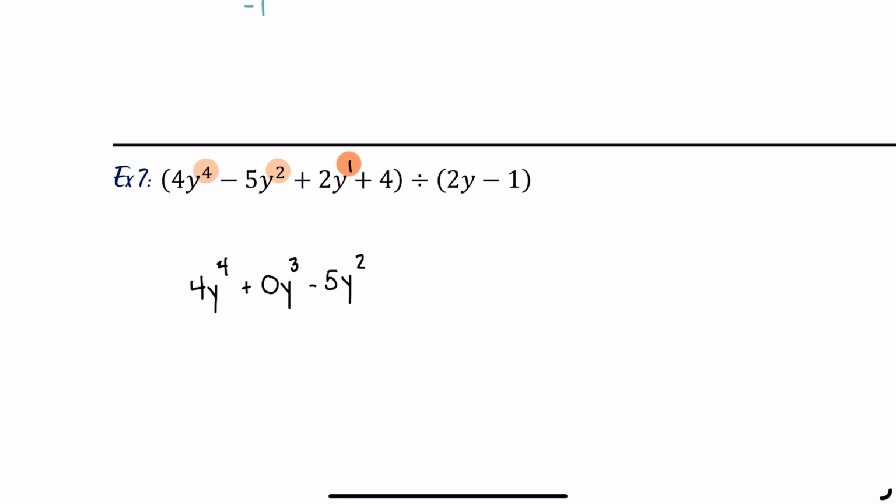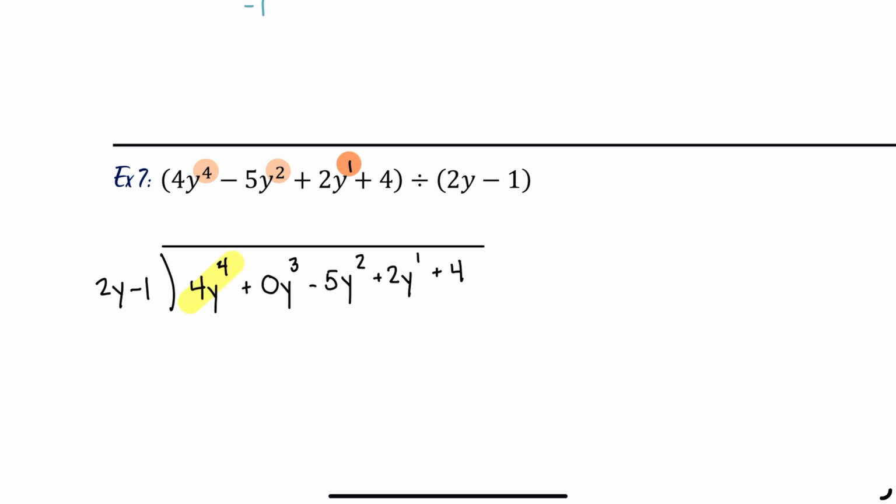I'm just now collecting the rest from my polynomial above, plus 2y to the first, plus 4. Technically, that would be y to the 0, but we're not going to put a y to the 0 in there for our constant, all being divided by 2y minus 1. So now let's start our division process.